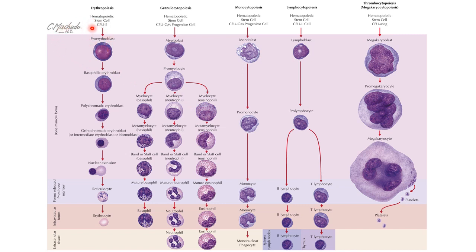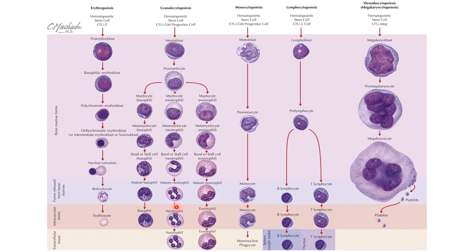So this picture shows you how the different cells that you see in the complete blood count develop from their more immature forms into their mature forms. Just follow the cursor and bear with me. Here at the bottom, you will see the red blood cell or erythrocyte, the basophil, the neutrophil, the eosinophil, the monocyte, the B and the T lymphocyte, and the platelets.